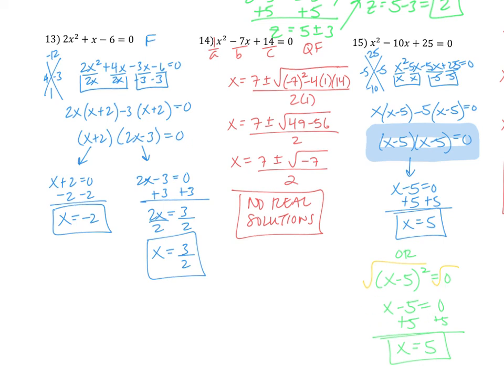Now, looking at this, we could actually take this step right here. Think about how writing the binomial twice is the same as saying that binomial squared. This looks like the square root method, right? Where we could take the square root of both sides. The square root of 0 will still just be 0. Plus or minus 0 is not going to change anything. We know 0 is a neutral number. So when we add 5 to the other side, we just get one solution of 5. So this is an example of where only one number is possible for our solution.